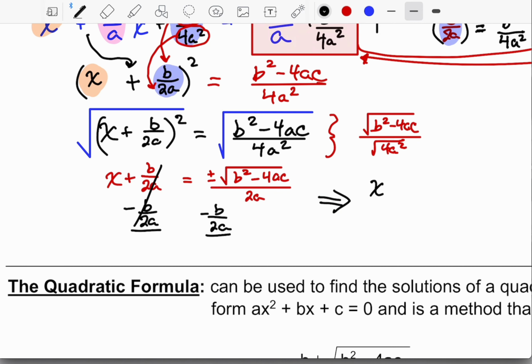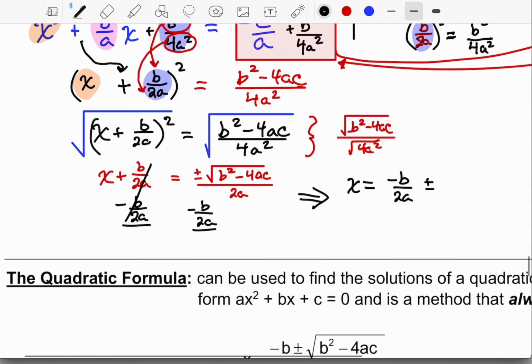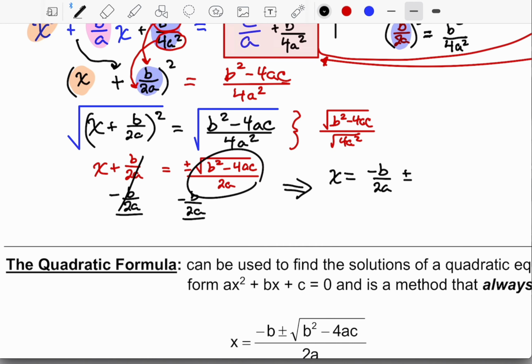You'll get x is equal to, we always write the plus or minus bit at the end, so negative b over 2a plus or minus all this stuff. The square root of b squared minus 4ac all over 2a.